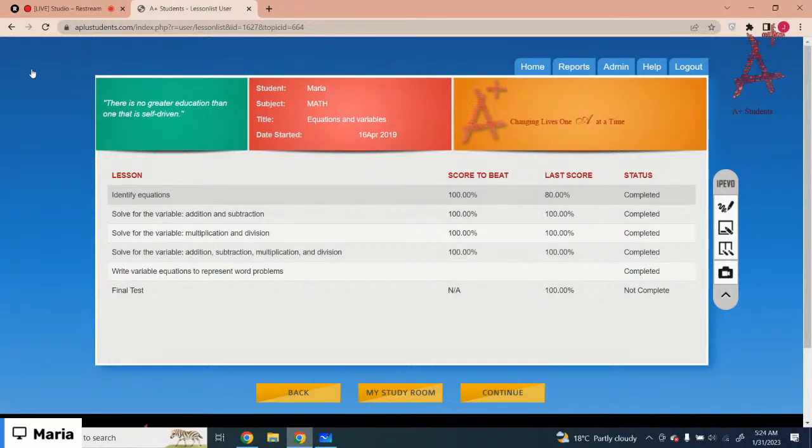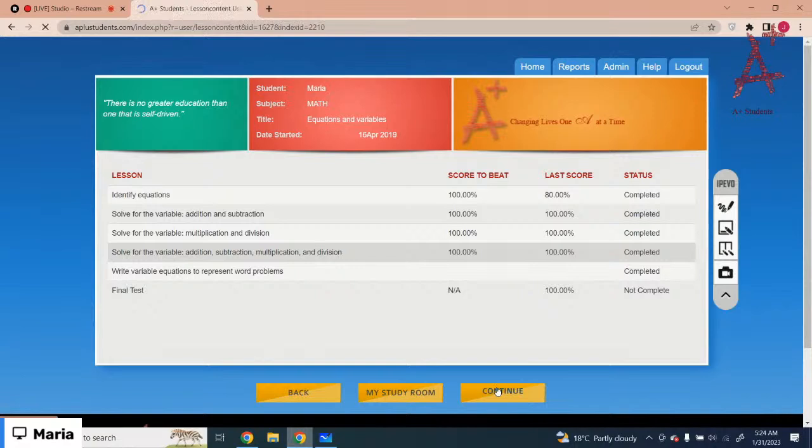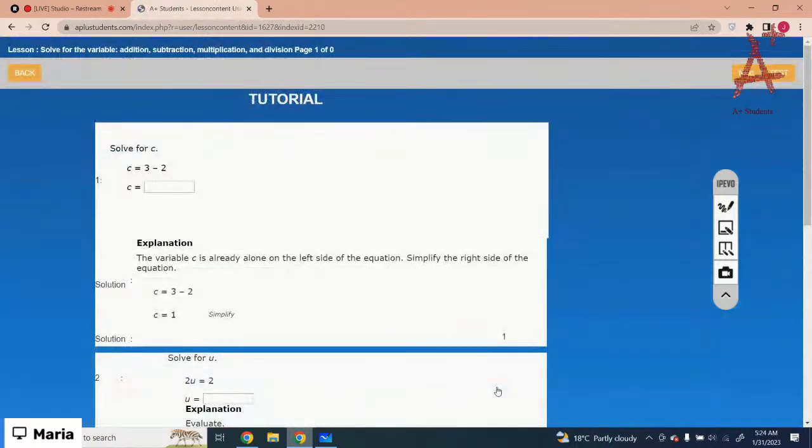The next one is solve for the variable: addition, subtraction, multiplication, and division. We are done with addition, subtraction, multiplication, and division also. So this is just a review of the lessons we just did. Got it? So let's start.